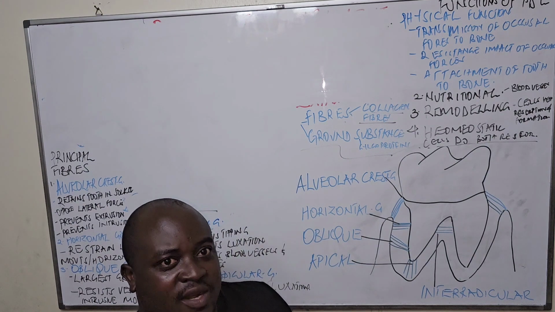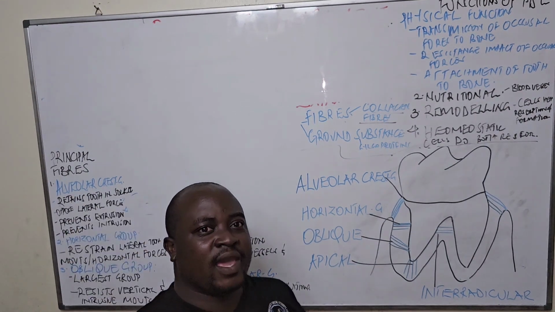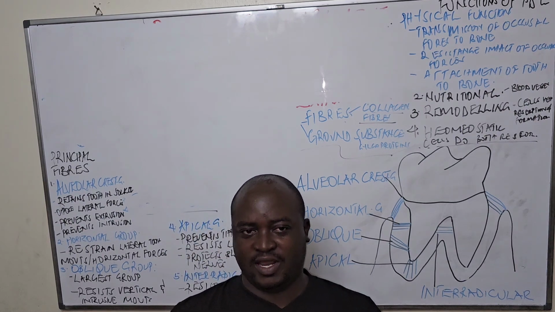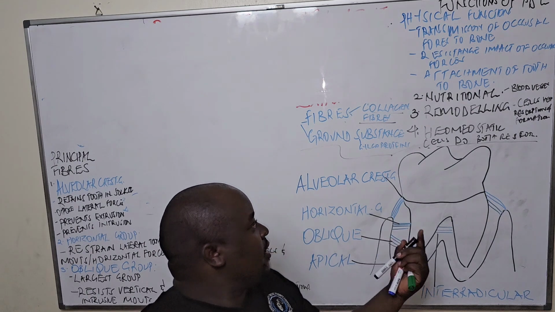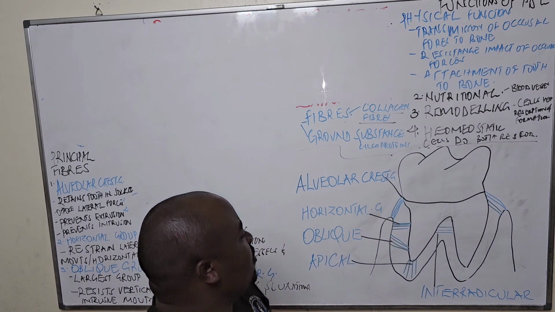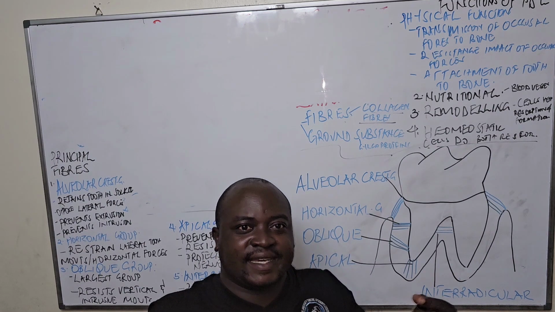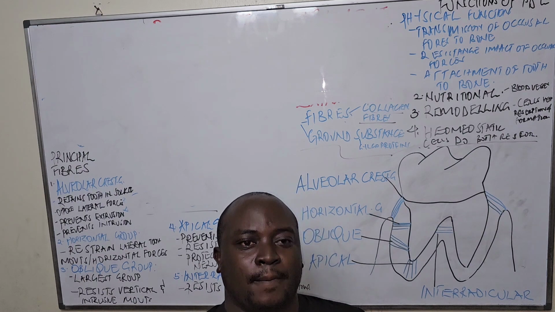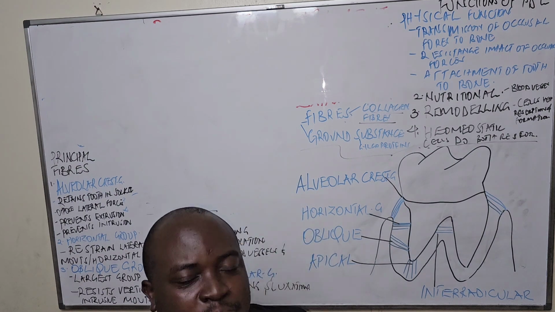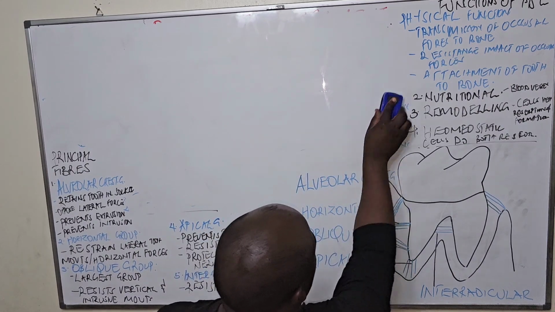And therefore we can have a question that says give, explain, outline, or by use of a diagram, label or indicate the different types of principal fibers of the periodontal ligament. And this is what we are going to talk about.